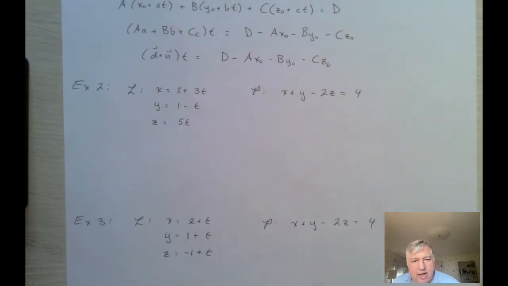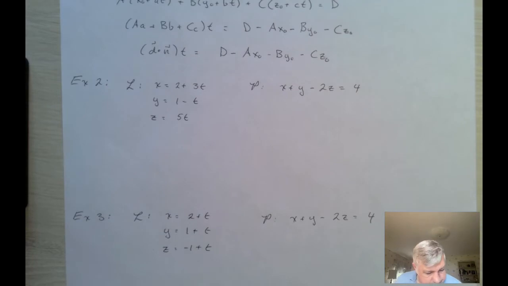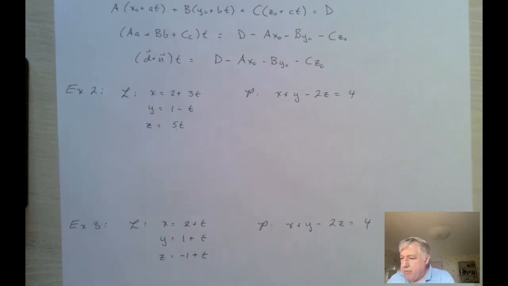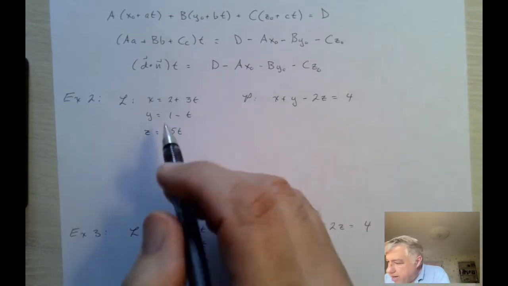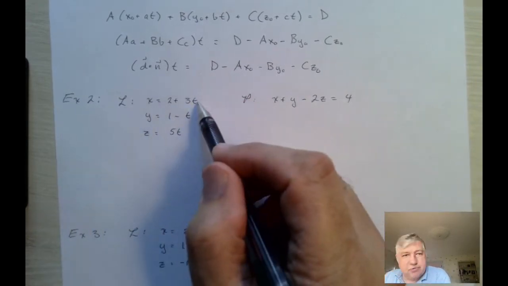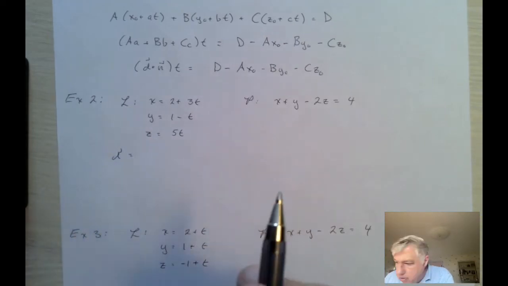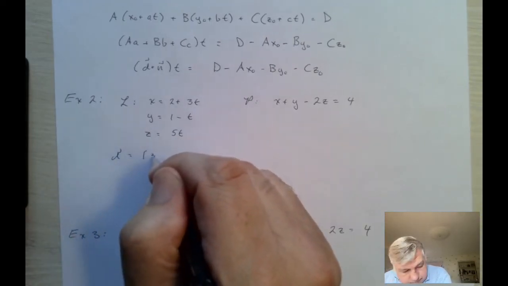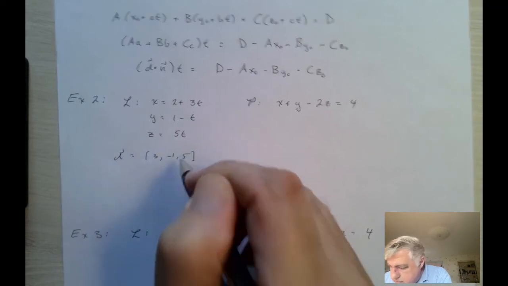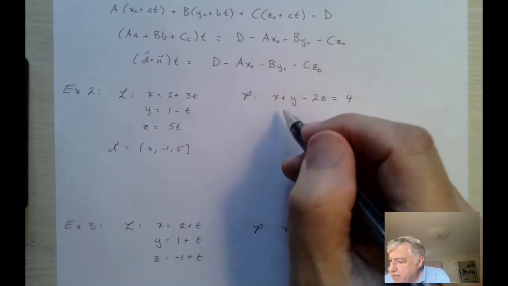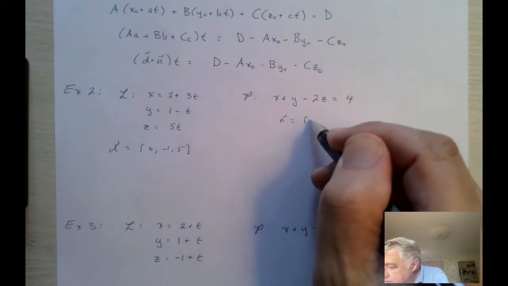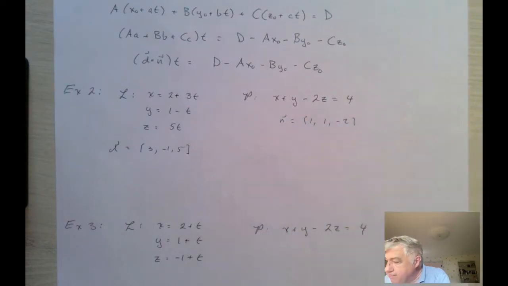Okay, let's see what happens in these two examples here. And here I'm just going to try to find a point of intersection if possible. So in example 2, what's the direction? 3, negative 1, 5. And in this case our normal vector is going to be 1, 1, negative 2.